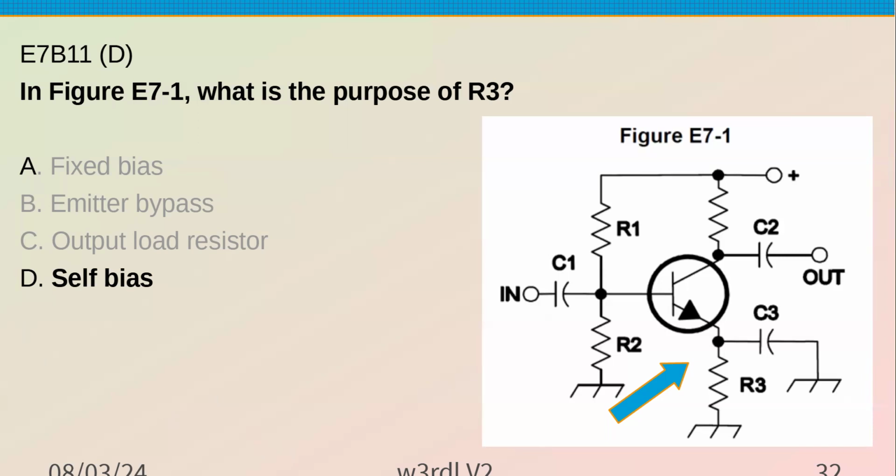The current is going to create a positive voltage. If it's positive here, it's got to be negative there.